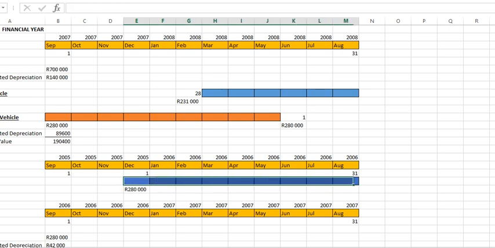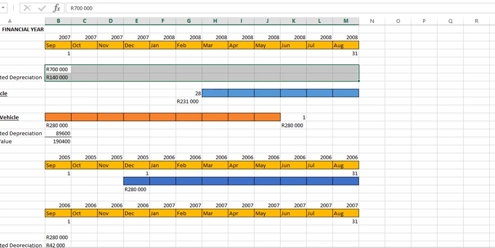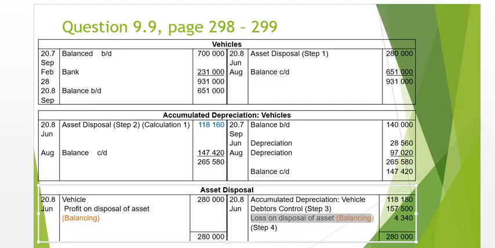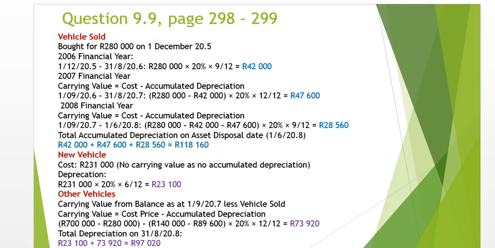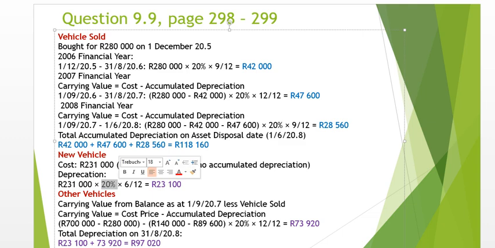This new vehicle we held from the 28th of February 2008 up until the 31st of August. And also on the older vehicles, we need to depreciate those vehicles. So if you look at it, our new vehicle has a cost price of 231,000 Rand. We're going to depreciate that at 20%.